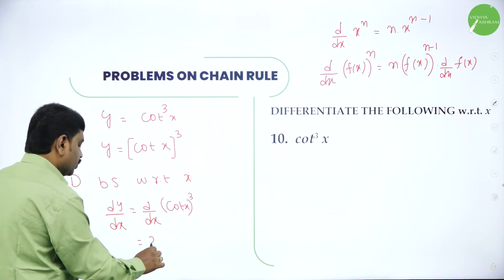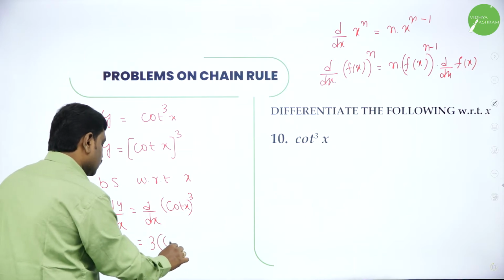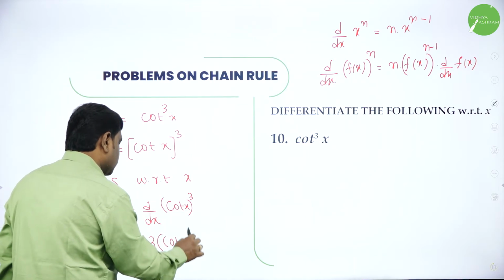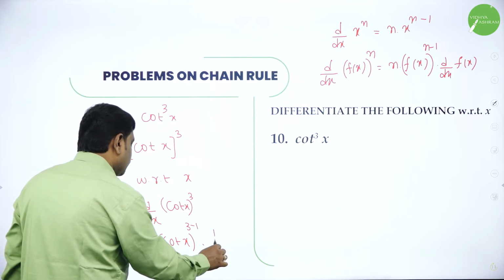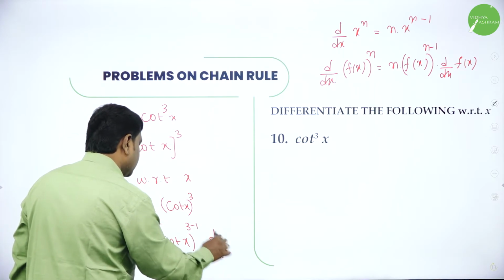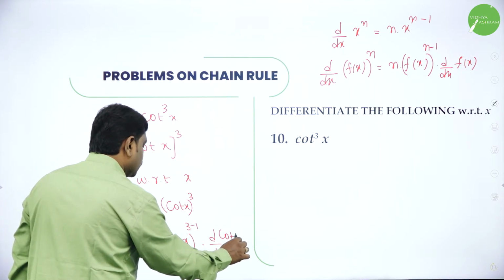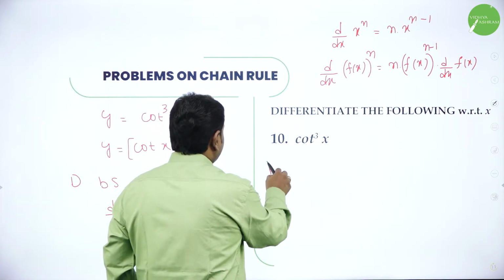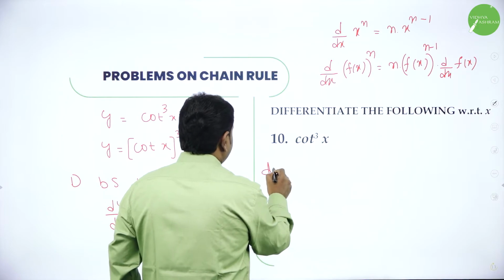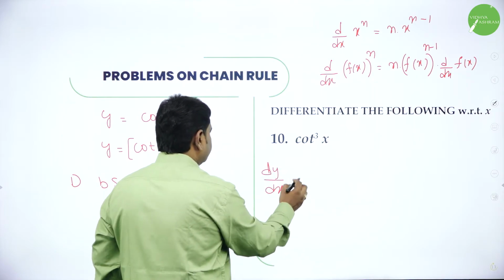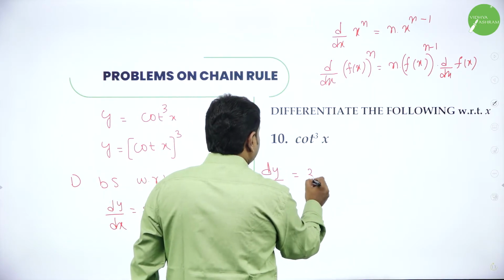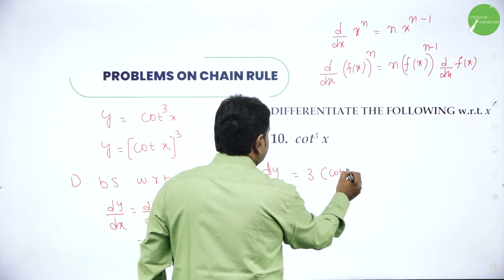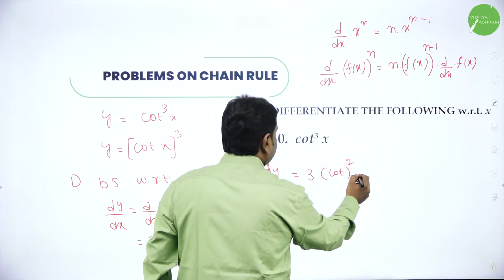The answer is what? n into, n is 3, so 3 into f of x, that is cot x, power 3 minus 1 into d by dx of the internal function. Internally what we have? Cot x. Now further we will simplify this. So we will get dy by dx is equal to 3 into cot x the whole squared into d by dx of cot x.